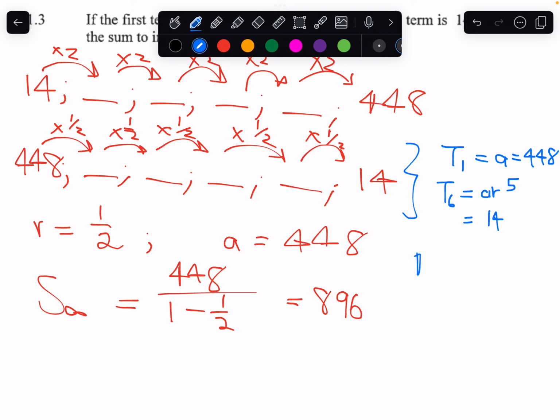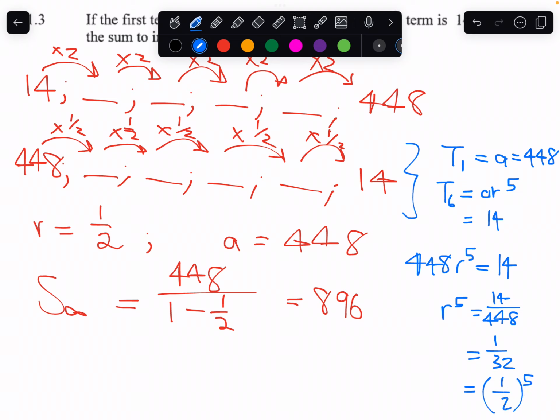And we know that A is 448, so that is now equal to 14. So R to the 5 would be equal to 14 over 448, which simplifies to 1 over 32, which is again the same as 1 over 2 to the 5.